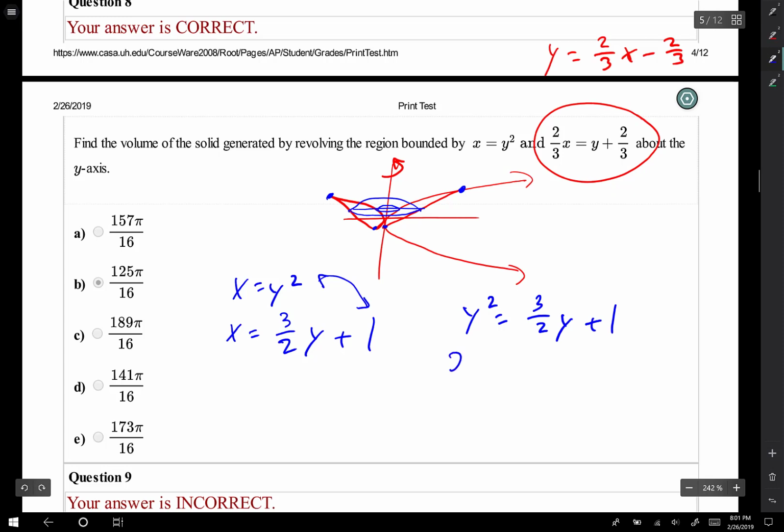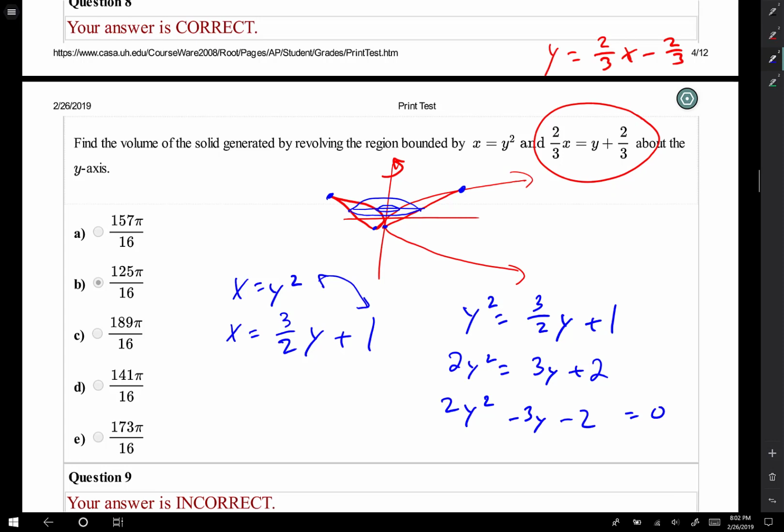Multiply everything by 2. 2y squared equals 3y plus 1. Move everything to the left. 2y squared minus 3y. Oh, did I do everything correct? Let me make sure. Multiply. Nope, I didn't do everything correct, guys. Right there. That should have been a 2. So minus 3y minus 2 equals 0.